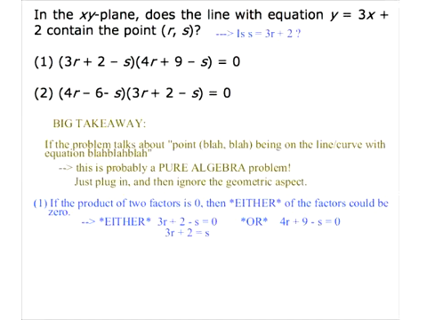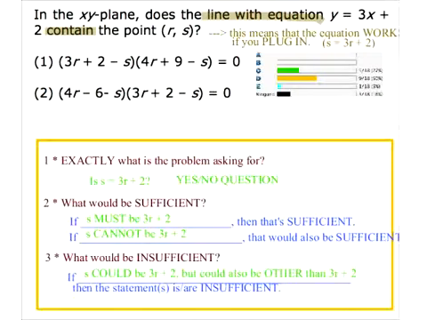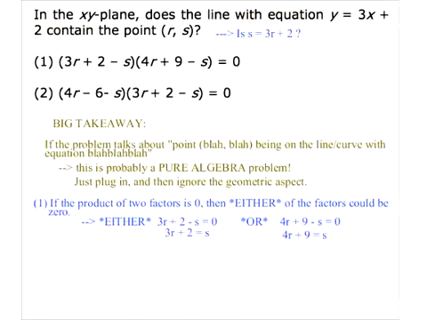Now remember what the question is. The question is, is this true? So if 3r plus 2 equals s, then those points will all be yes to the question.